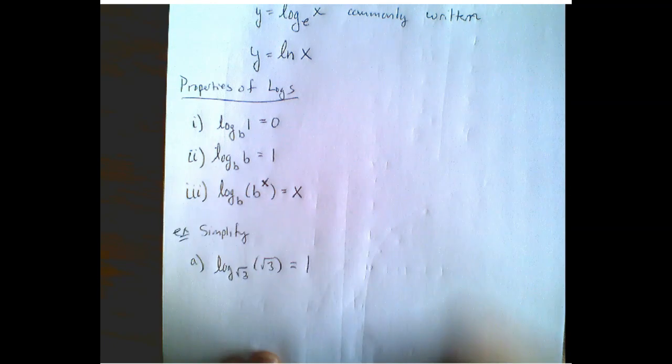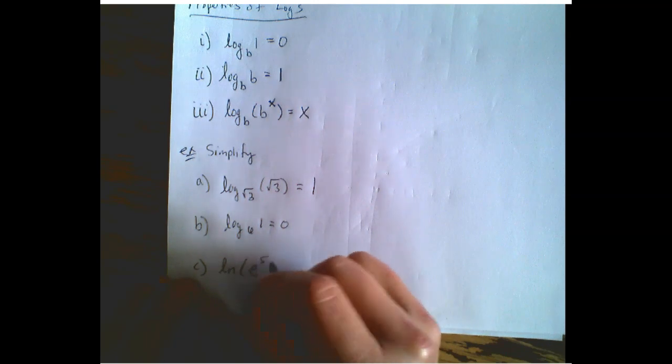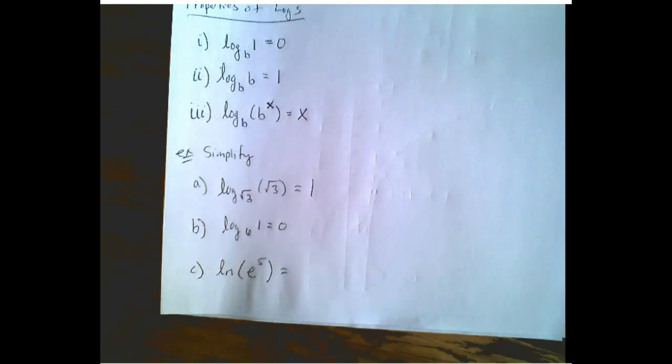And that would be 1. Right? How about log base 6 of 1. Done that before. Anything raised to the 0 power is 1. And then last, let's try the natural log of e to the 5th power is what?